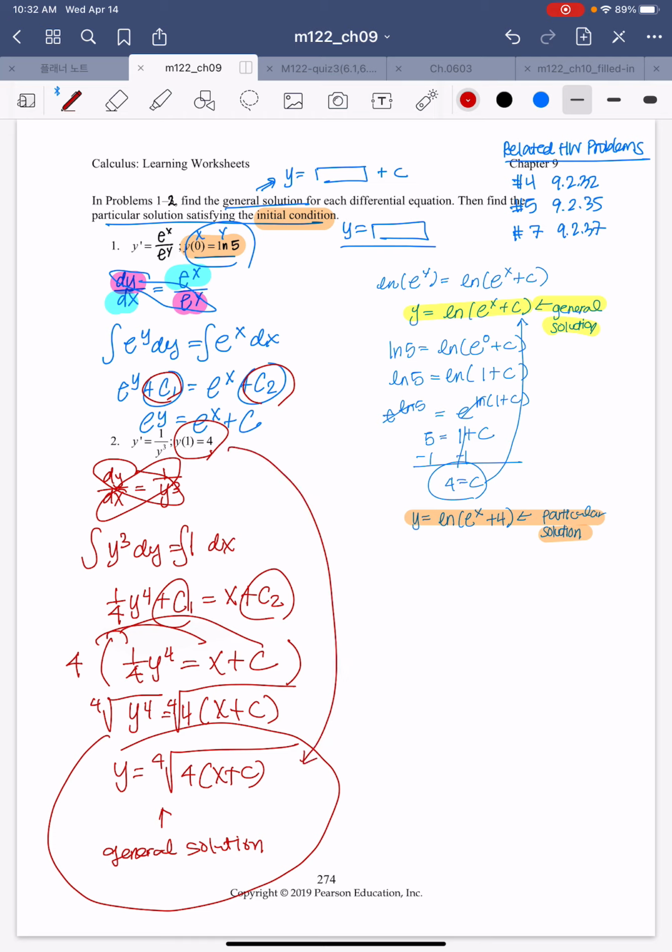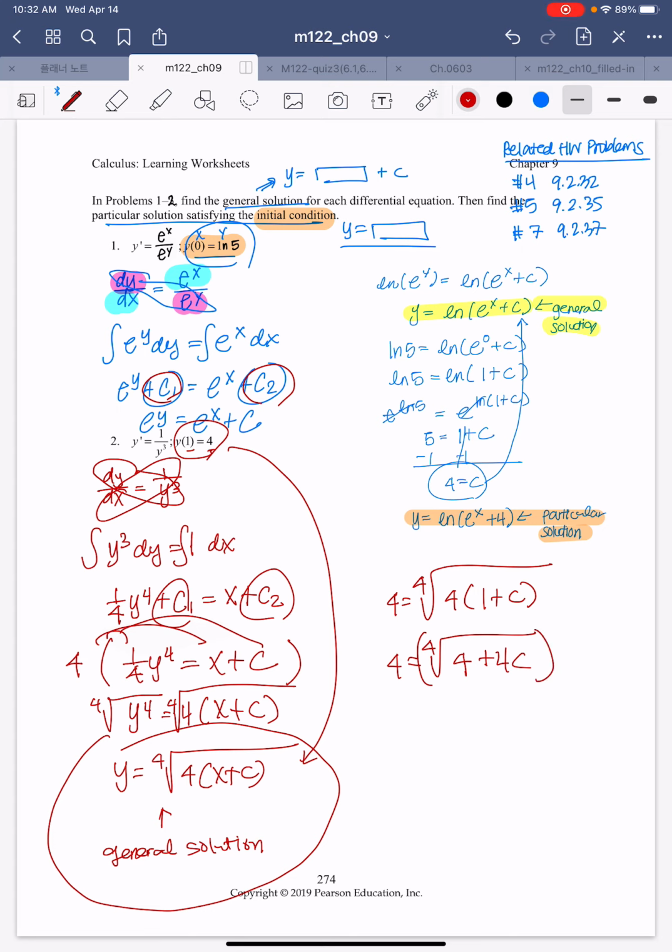So I'm going to plug it in. My x is 1, y is 4, so that will be 4 equal to the 4th root of 4 times 1 plus c. So that's going to be the 4th root of 4 plus 4c.